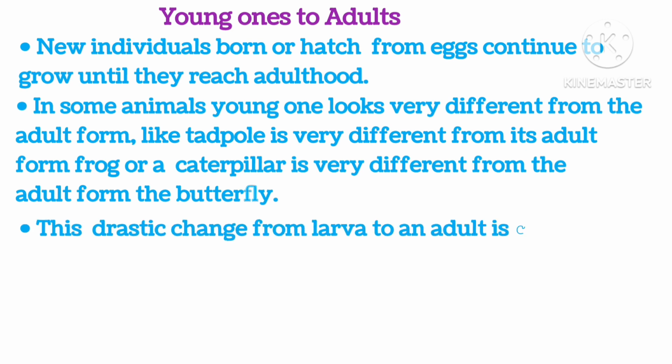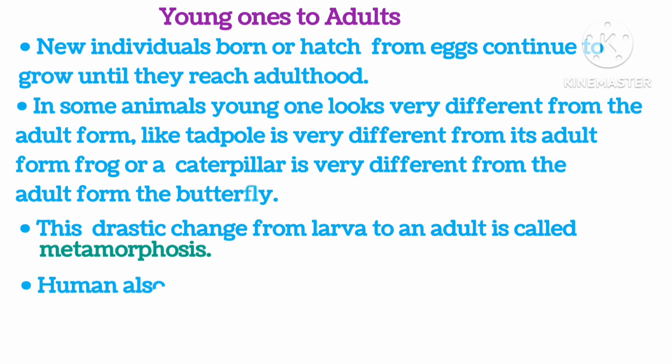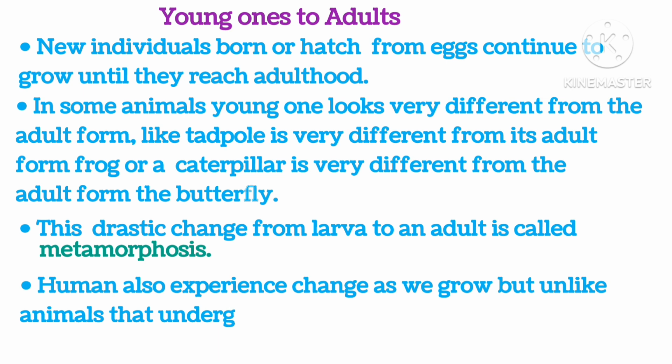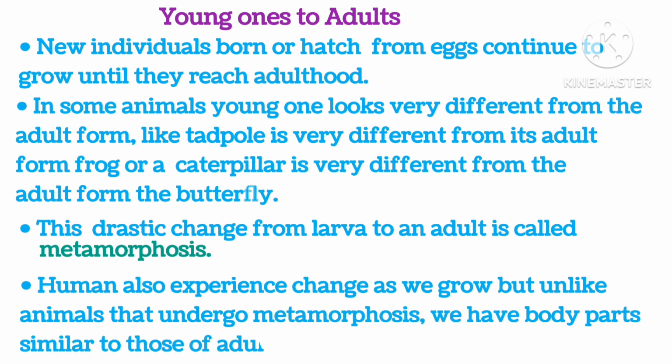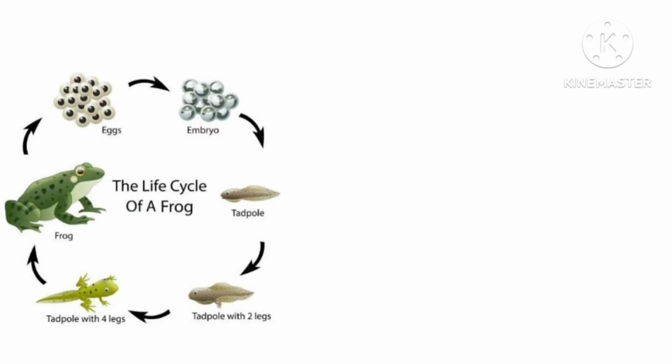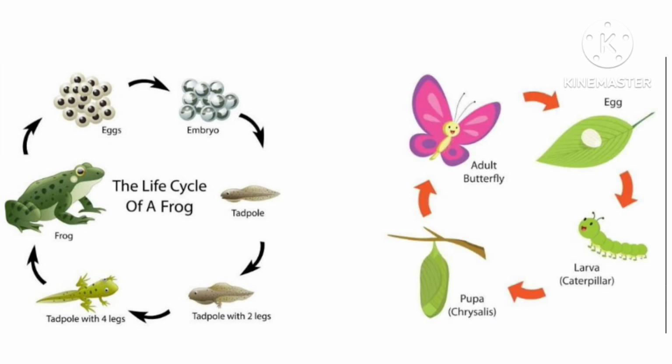This drastic change from larva to an adult is called metamorphosis. Humans also experience changes as we grow, but unlike animals that undergo metamorphosis, we have body parts similar to those of an adult from birth. So here you can see the metamorphosis in the life cycle of the frog and the butterfly.